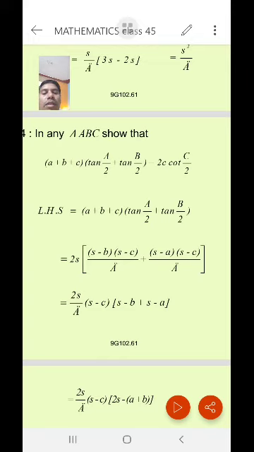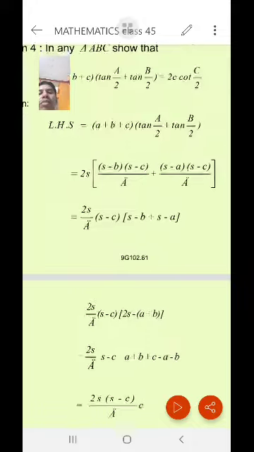So write 1 by delta as the LCM, and the remaining is s minus b into s minus c plus s minus a into s minus c. So in the numerator, s minus c we can take as common. So s minus c, if we take common, the remaining part is s minus b plus s minus a.